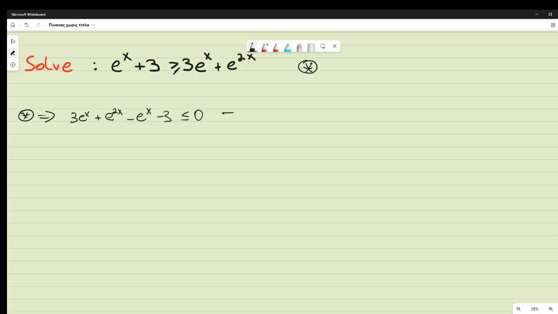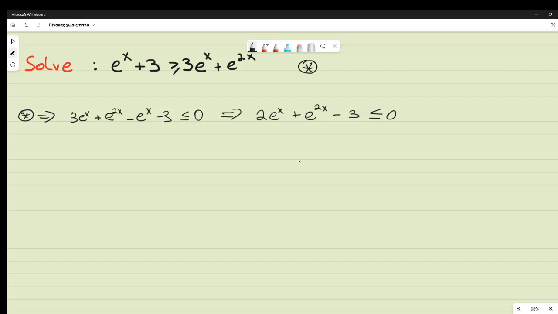So this will be 2 smaller than or equal to 0.